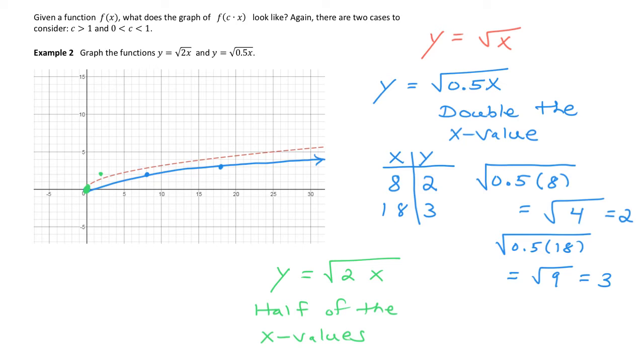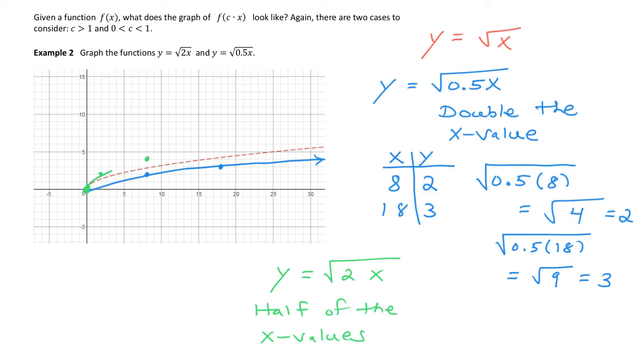And maybe I'll just use one more that we haven't before, just to get a new value in here. If you look at 16, 4, and you take half of 16, that's going to drop you down to 8. So we get the point 8, 4.